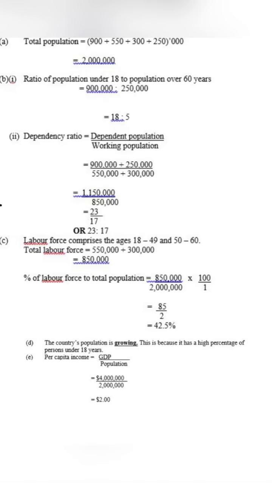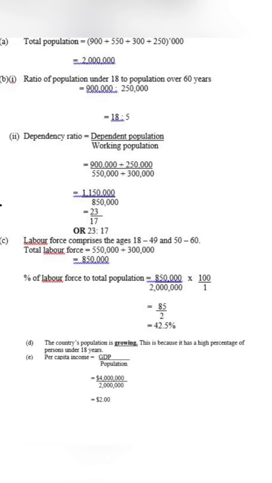The question 1 is asking us to find the total population for the country. And this is done by adding all the ages in the population together. The first age group, we had 900,000 people. That is from 0 to 17. And from 18 to 49, we had 550,000.